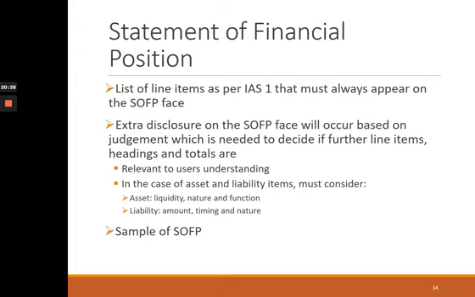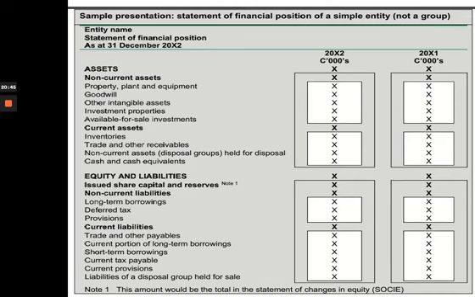You can only have these if it is relevant to the user's understanding, and in the case of asset and liability items, you must consider, for assets, the liquidity, the nature and the function of these assets, and for liabilities, the amount, timing, and nature. So if we have a look at our textbook, we are given a sample or a skeleton of our statement of financial position.